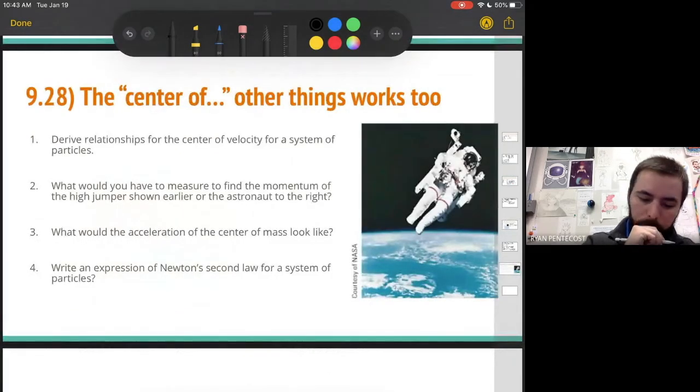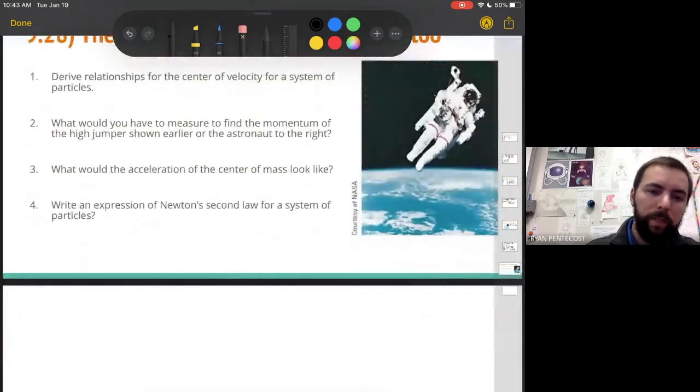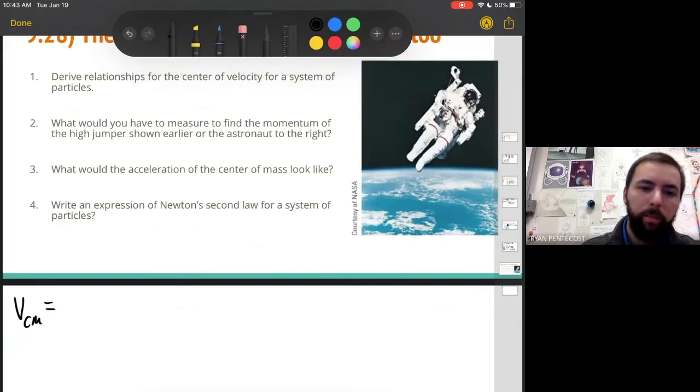Now, last, what we'll do is we'll find the center of other things, not just the center of mass. We can find, for example, number 1 says the center of velocity of a system of particles. Now, all these are going to be system of particles in general, but for the system of particles for velocity, you take dr, center of mass, divided by dt.